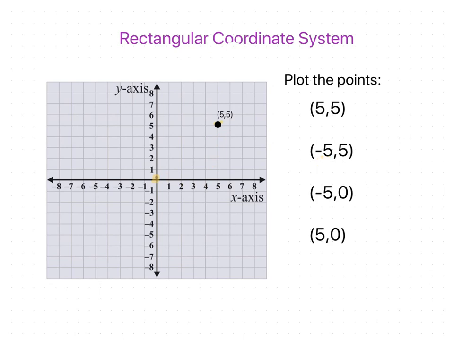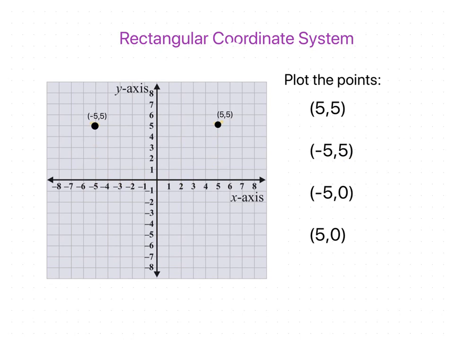So we'll go 1, 2, 3, 4, 5 to the left, and then positive 5 for the y coordinate. So we'll go up 5 for that one. 1, 2, 3, 4, 5. And there's that one.